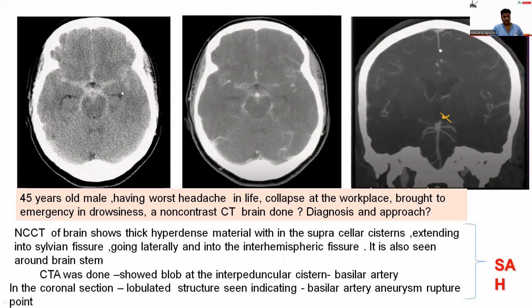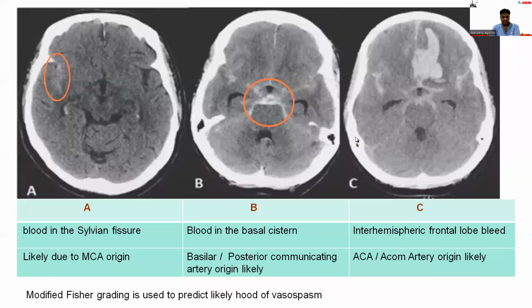To know the origin of this bleed, we did a CTA which shows a basilar artery aneurysm. Here you can see this blob which is showing that the aneurysm has ruptured and caused this SAH. So whenever you see a hyperdense area in the Sylvian fissure, then think of this hemorrhage as being because of the MCA origin.